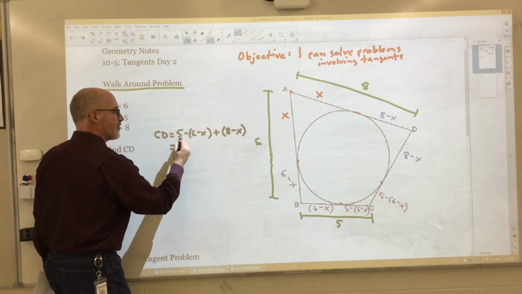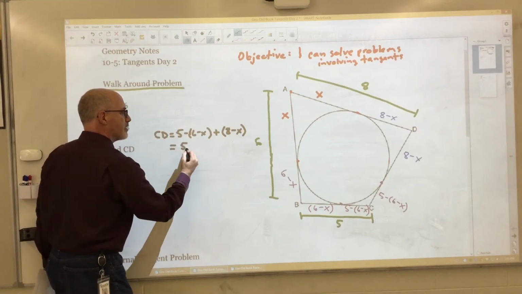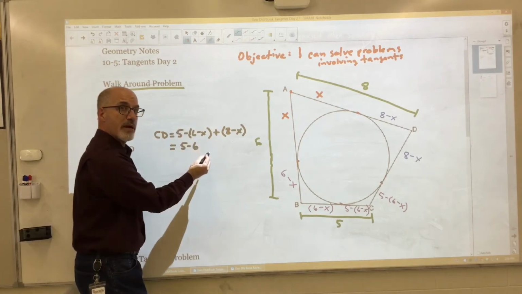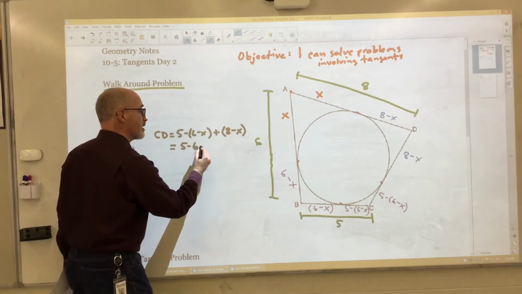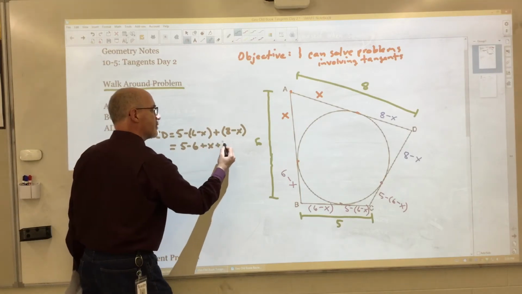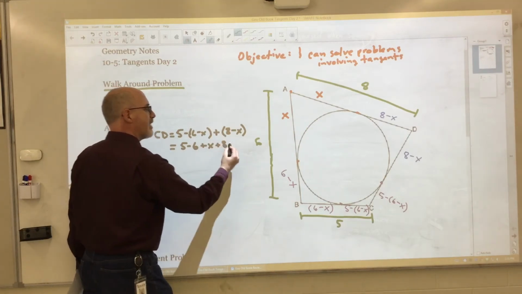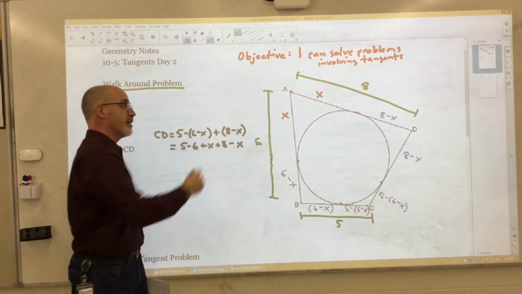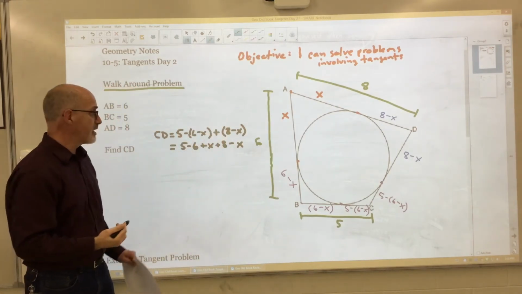I'm going to distribute through the minus sign, so 5 minus 6, and distributing through the minus, the minus X becomes a plus X. Over here, it's just a plus, so I have plus 8, and then minus X. Distributing the plus sign leaves them the same.